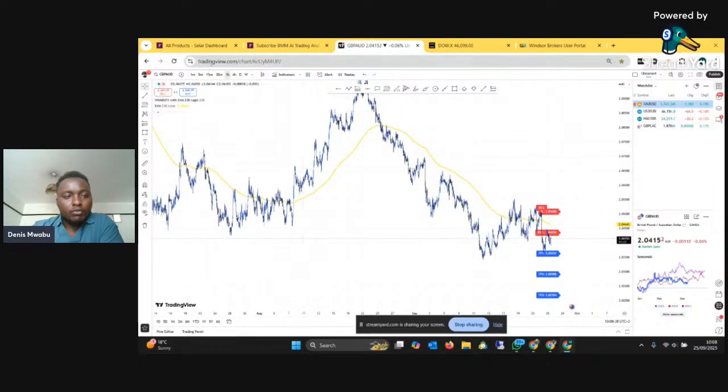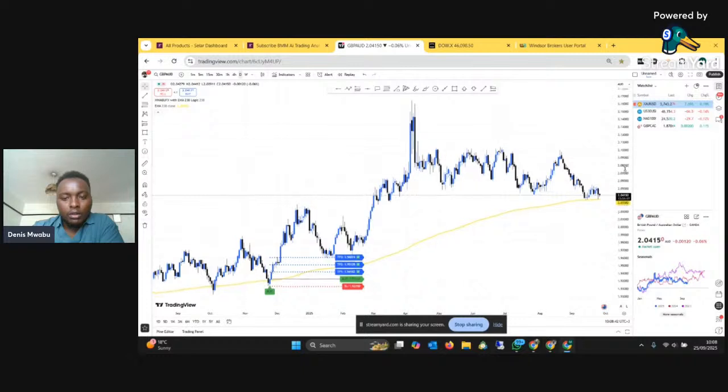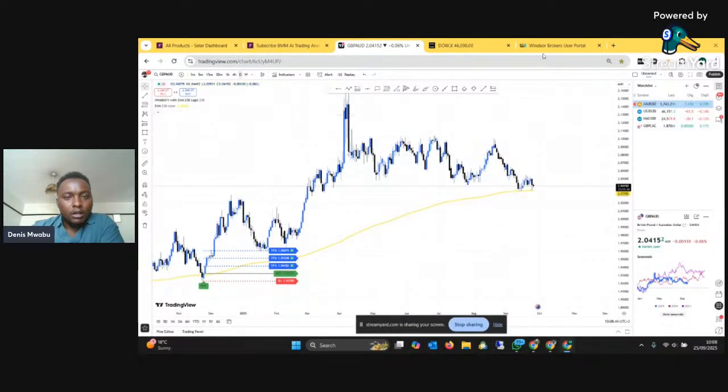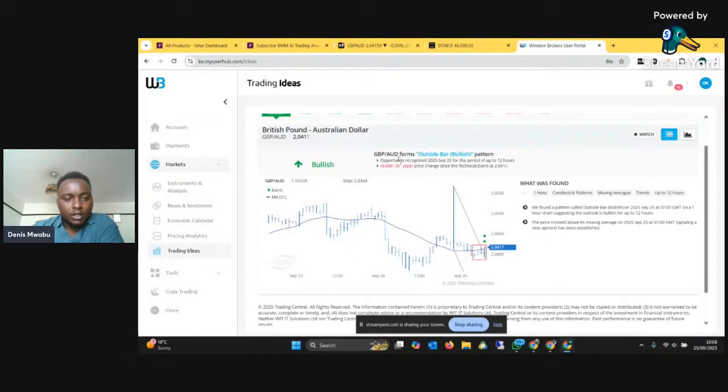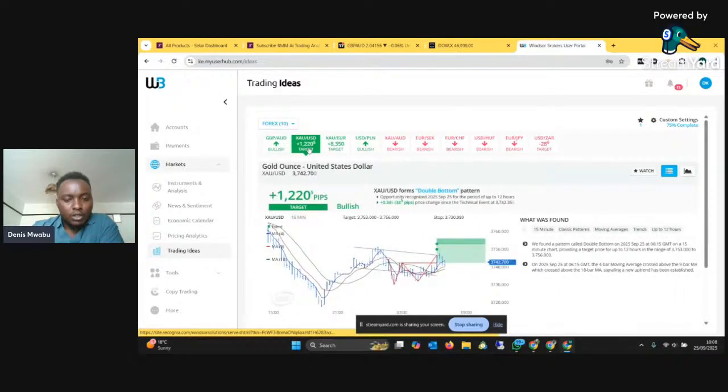We are in a downtrend. If you take a look at the daily time frame also, I don't think that's an A plus plus setup. So we'll just look at XAU USD, which is gold, on the 15 minutes time frame.